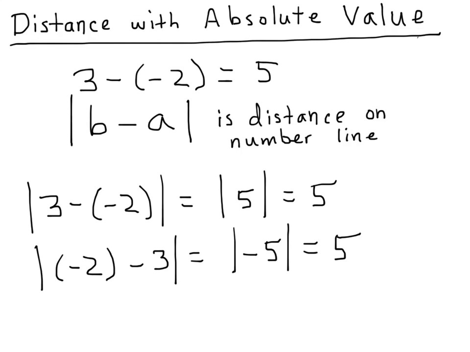So we get the same thing. So absolute values, I'm sure you've seen them before, but what I'd like you to think about now is when you see the difference between two numbers, you're talking about the distance between the two. And that'll be really helpful when we get to inequalities to really understand what's going on with an inequality.